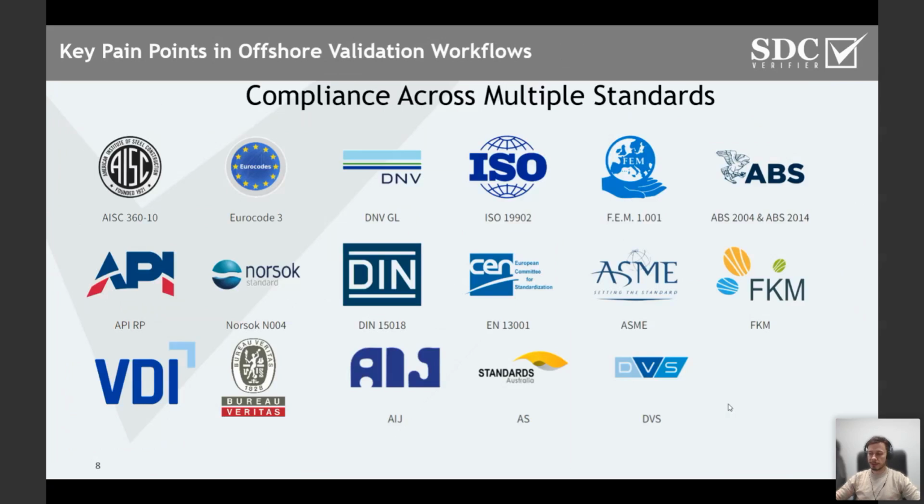Also depending on different types of checks, so plate buckling, or for example, beam member checks. In order to ensure that the structure is safe, we have to meet the standard, and for example, in order to get certification on our structure.